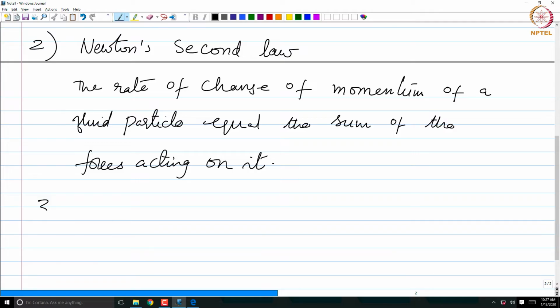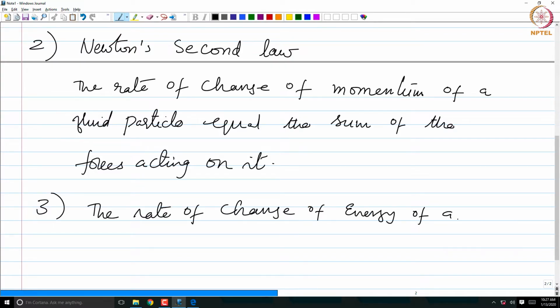What else? Conservation of energy. That reads as the rate of change of energy of a fluid particle equals what?